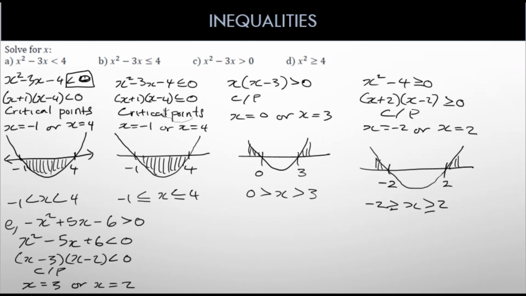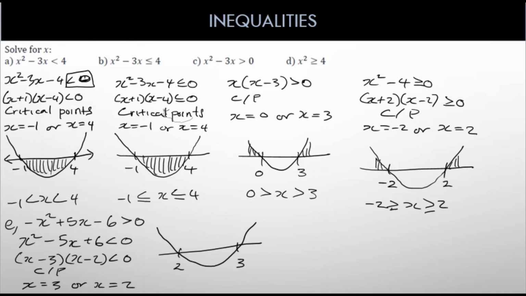So those are our critical points, and we form our number line. The smallest is 2, and here's 3, and then we draw our graph here.